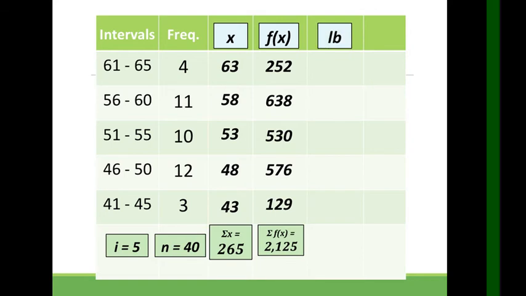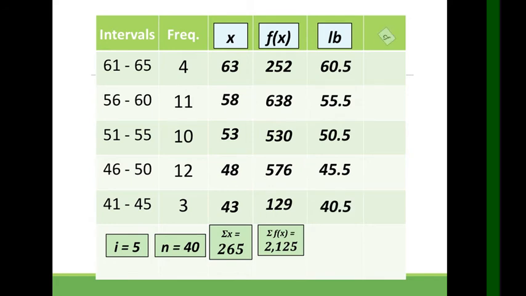Lower boundary: the 61 will be subtracted by 0.5. So 61 minus 0.5 is 60.5. 56 minus 0.5, 55.5. 51 minus 0.5, 50.5. 46 minus 0.5, 45.5. And 41 minus 0.5 is 40.5.